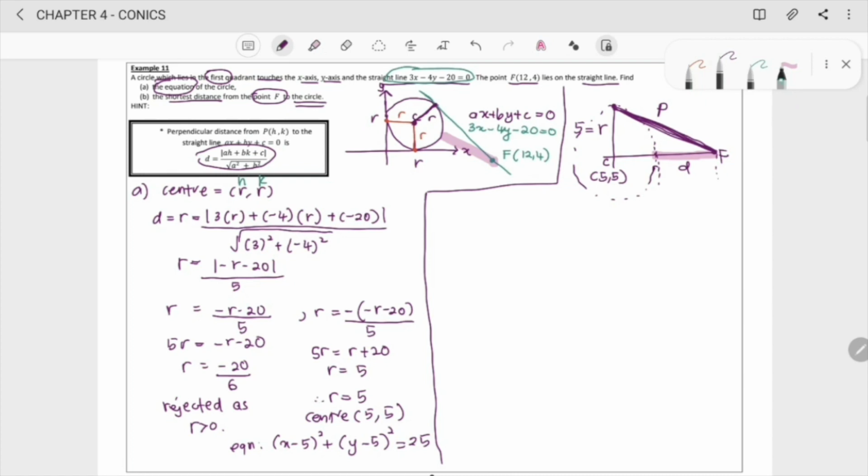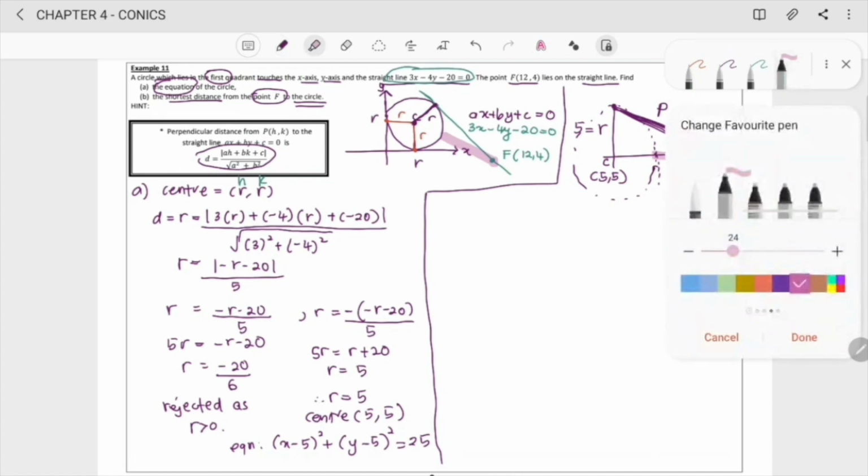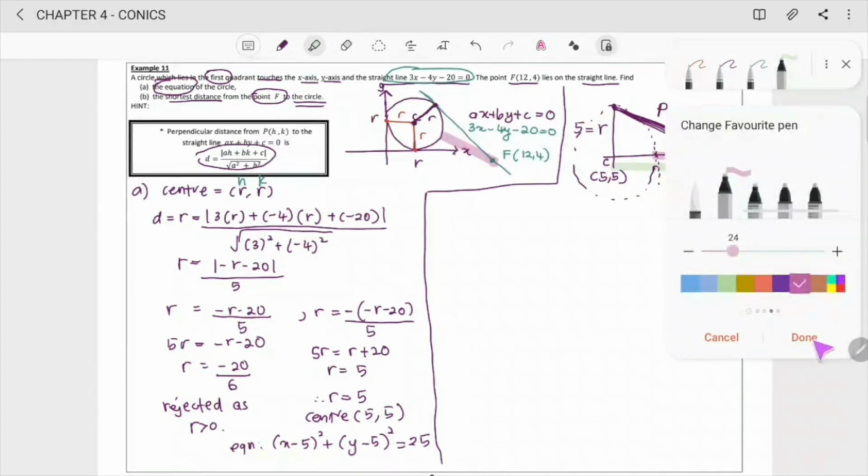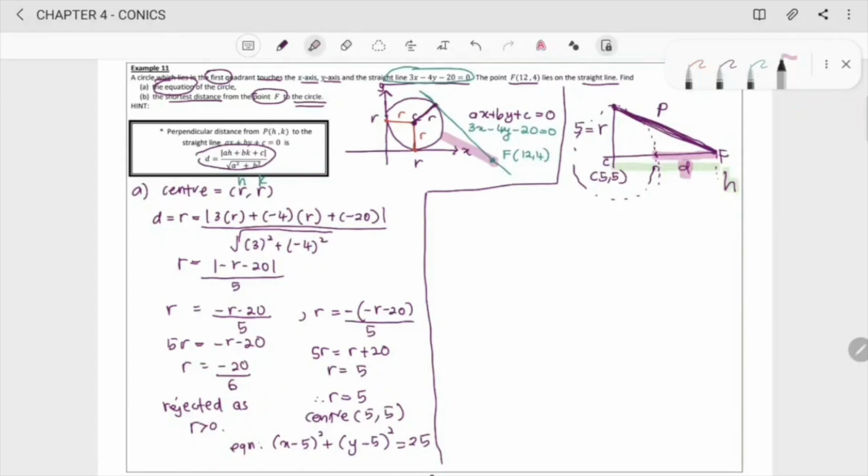Whereas we need to find from F to C, so we label it with H. We call it H for the green one, and D is the pink one.